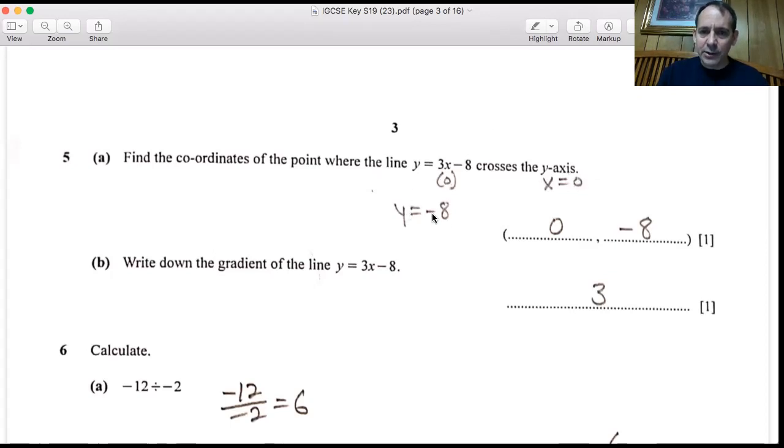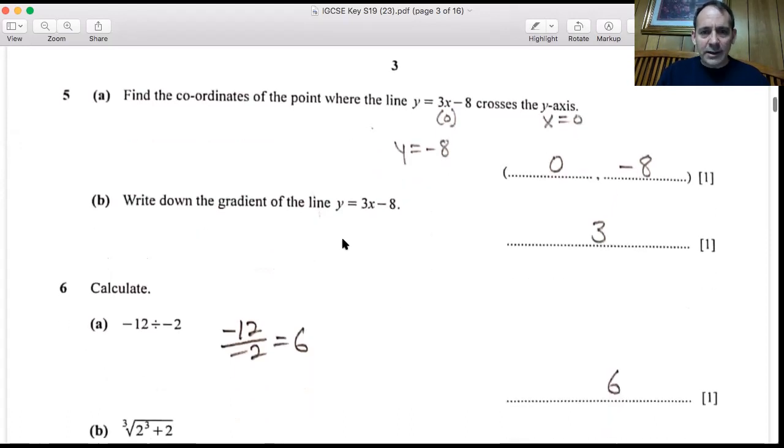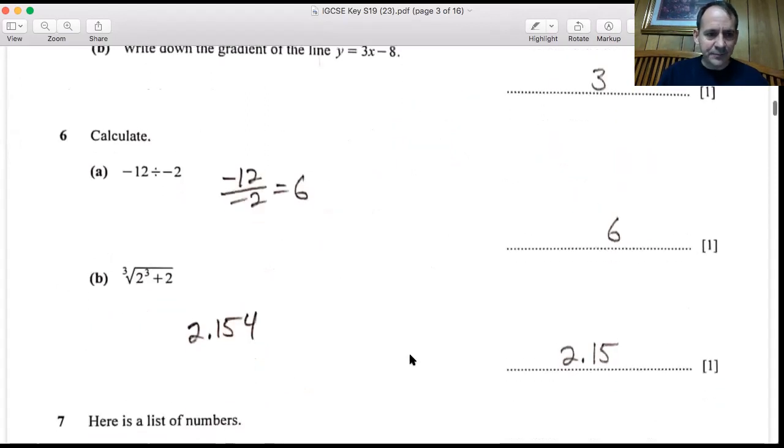Plug your 0 in, y equals -8. So the coordinate of the point would be 0 for the x and -8 for the y. Write down the gradient of the line y equals 3x minus 8. Hopefully you recognize this as y equals mx plus c, where m is the slope or the gradient. So the gradient is 3.